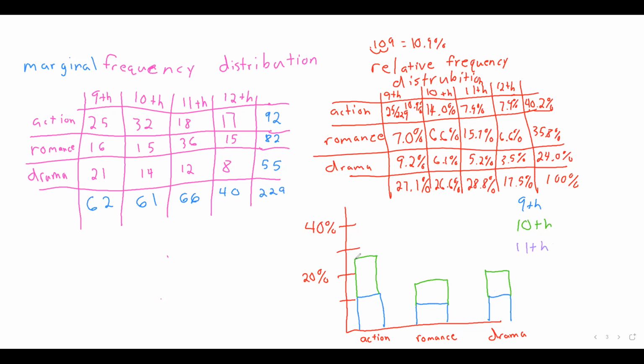Another 7.9, so 25 plus 8 is about 33. 15 goes from 13 to about 28. And only about 5% here.